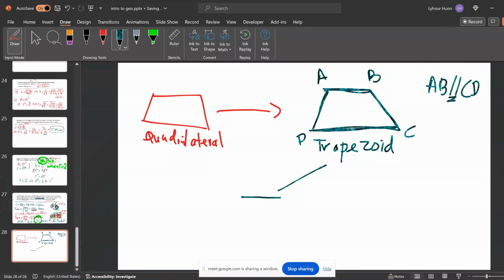The first one: the mathematicians were still considering, okay, a trapezoid has to have two opposite sides parallel. What if the two other sides are equal? Let's say this equals this.